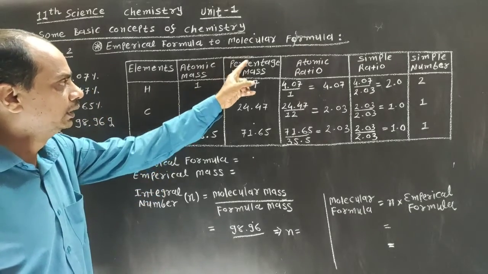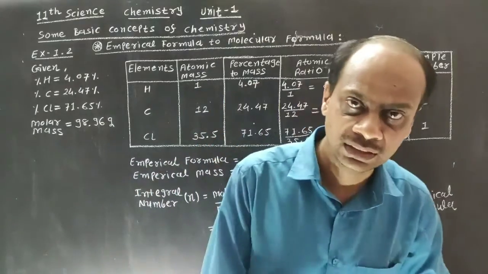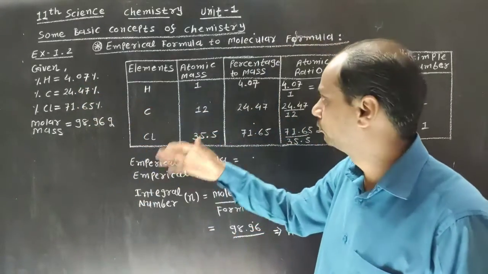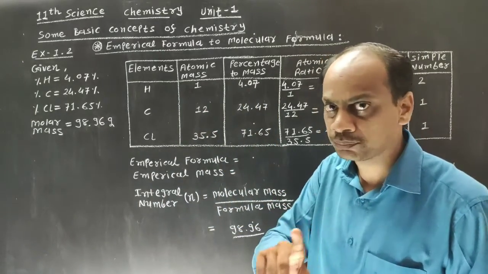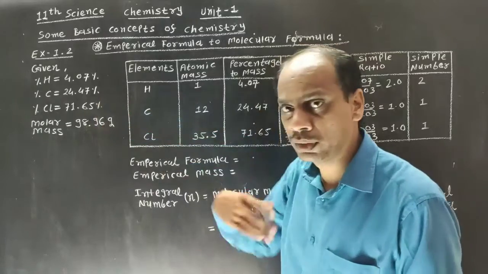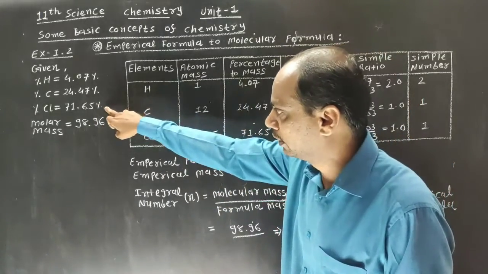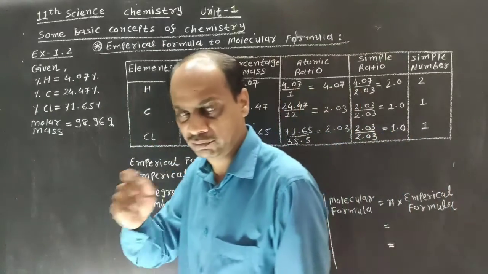The next column is percentage to mass. Let me convert the percentage into the mass. So, 4.07%, here it is 4.07. Is it clear? Second, 24.27, so here it is the same. Then 71.65, so here it is 71.65.